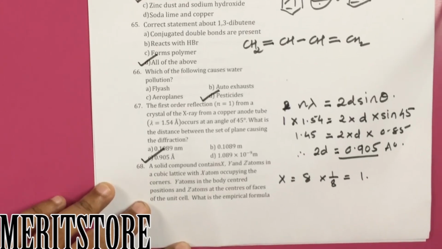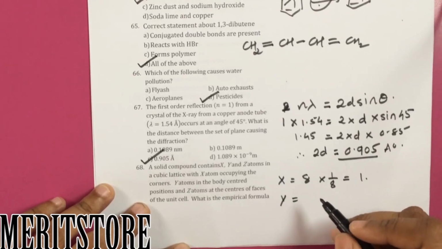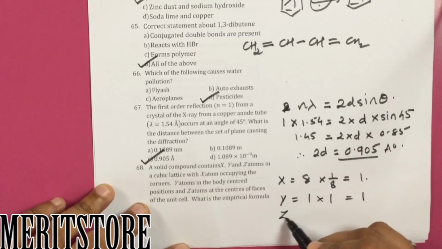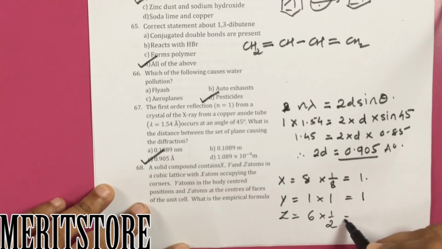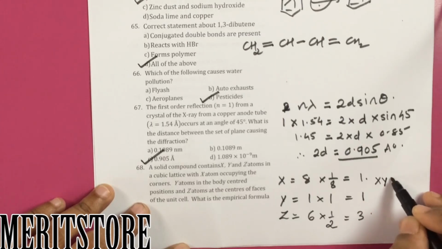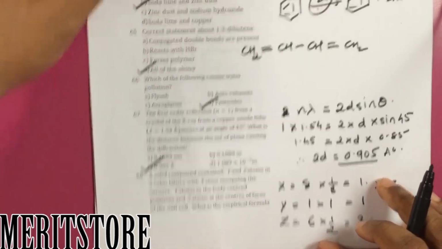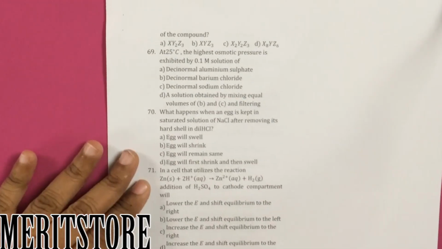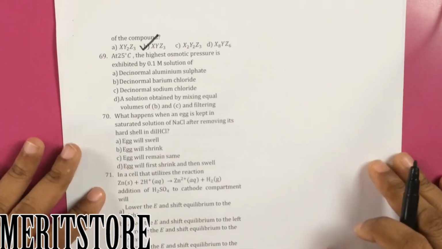Y takes the body center position, so 1 into 1, that is equals to 1. And Z occupies the faces, which are 6, each contributes half, so that's equals to 3. Therefore the formula of the compound is XYZ3. If you look at the options given here, XYZ3 is option B. Therefore answer is option B.